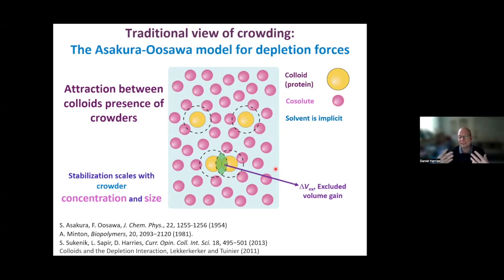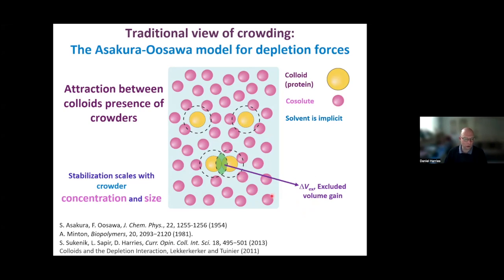This releases some of the excluded volume, which is now volume available to these co-solutes in solution. So basically there is a gain in this excluded volume, which then translates to an added entropy of the co-solutes.